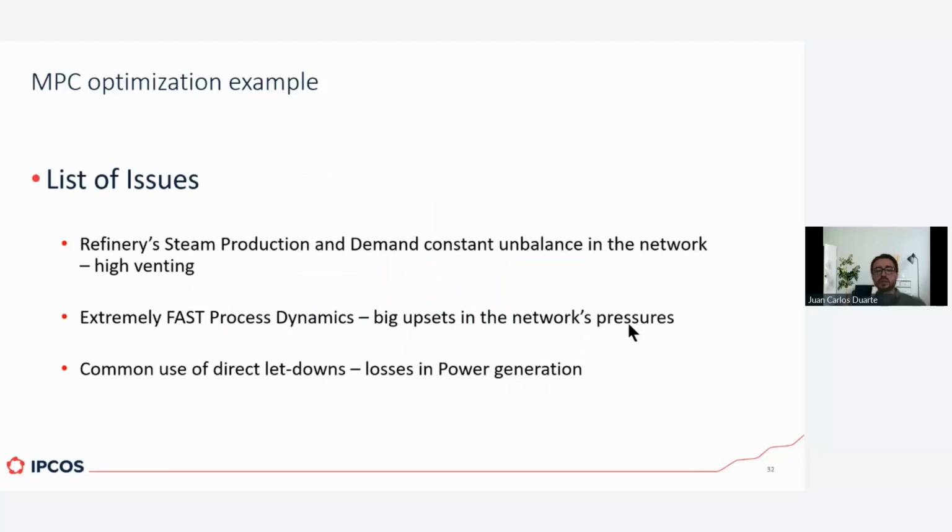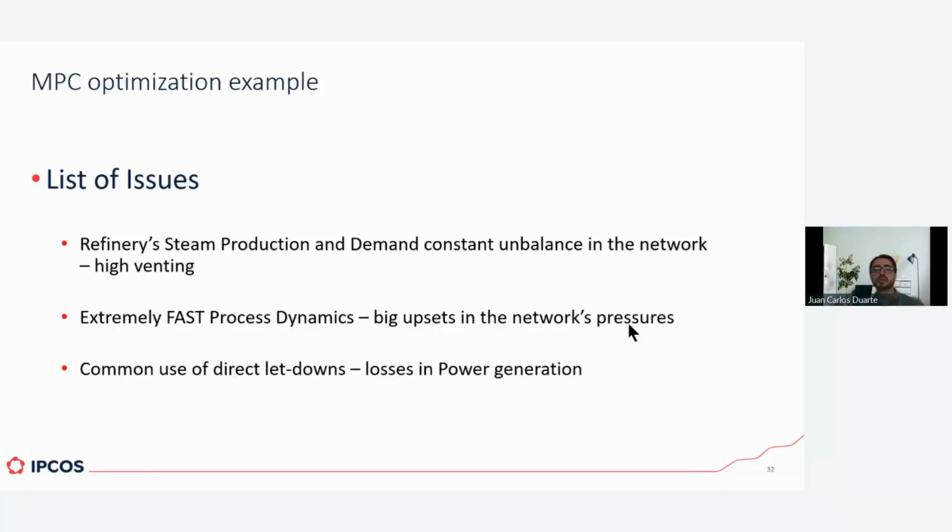As is the case for most of the steam networks, the steam production and demand is in a constant unbalance because sometimes they just don't match, which means that there's a continuous venting of steam, and sometimes without the need to. Sometimes it was just because the boiler was not fast enough to respond, or because the power generation was not set at the value that had to be set to avoid the venting.